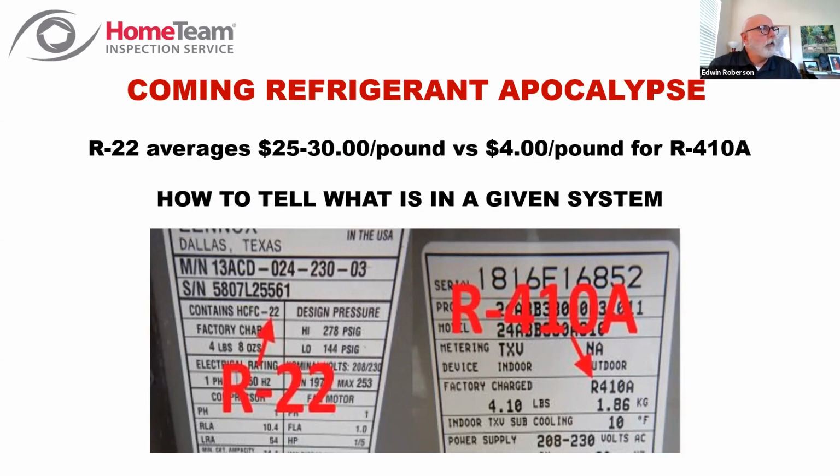I guess these guys sell it to a facility somewhere who then filter it, clean it, can it, and sell it as recycled. That recycled R22 at that time was averaging 25 or 30 a pound. I'm told it's closer to 40, 50 a pound now versus $4 a pound for R410. So sometimes there's an economic argument against trying to keep a system in service.